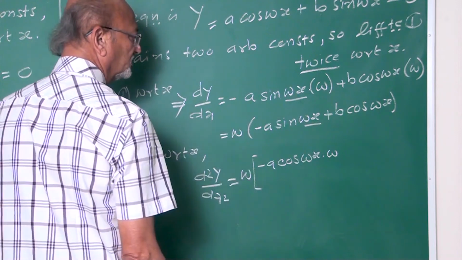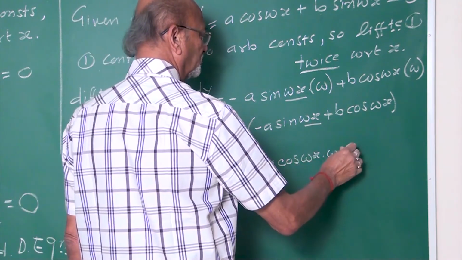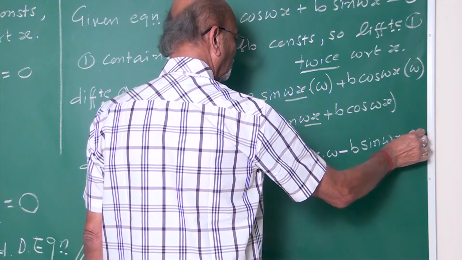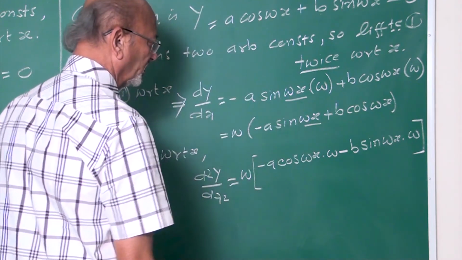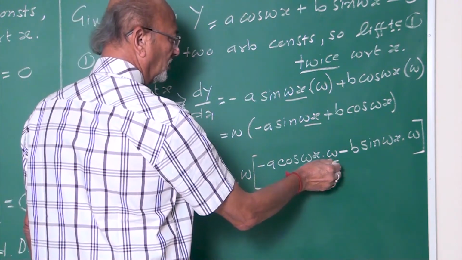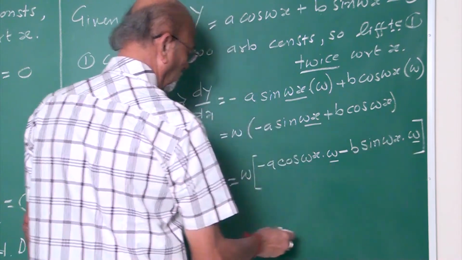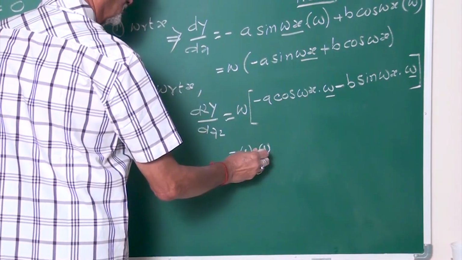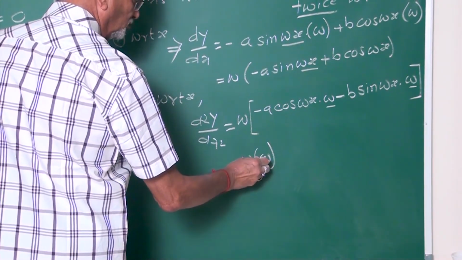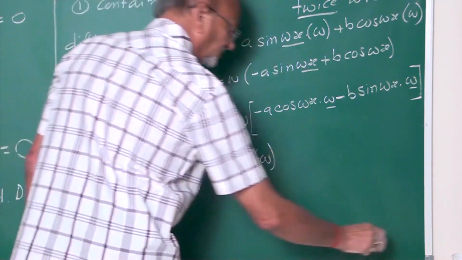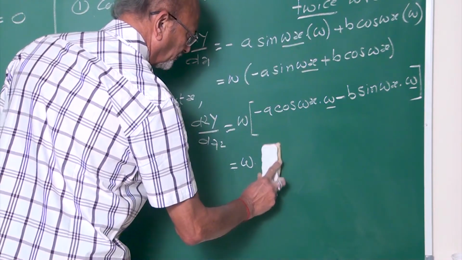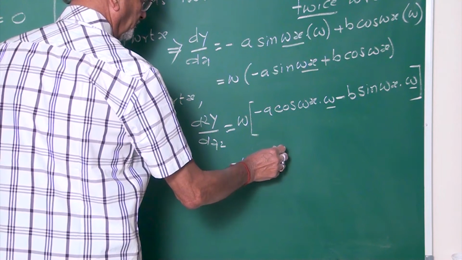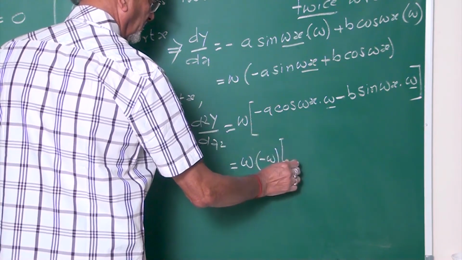Again plus b, derivative of cos is minus sin omega x into omega. Taking omega common, even the minus is also common. Minus omega is common.